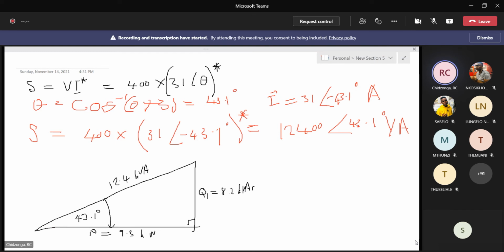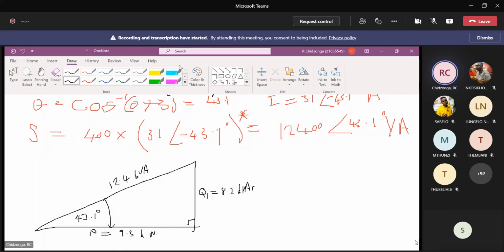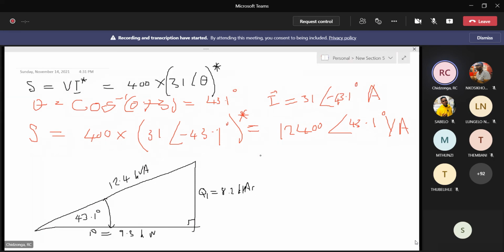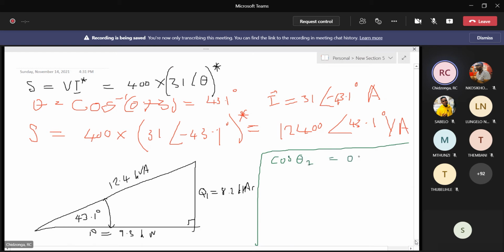Now, this angle corresponds to the poor power factor of 73%. Now we have to do something in order to improve the power factor to 89%. We do that by adding a capacitor. So we are saying cos of the new power factor angle, theta 2, is equal to 0.89.